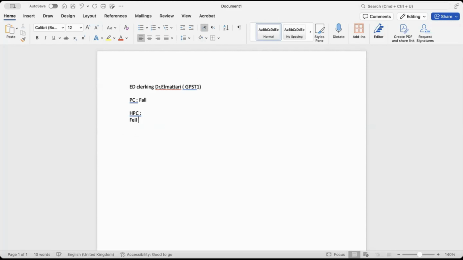So we'll say patient fell this morning out of bed, hit her right side, for example, no head injuries, no loss of consciousness, no nausea or vomiting, let's say no headaches, unable to weight bear after fall, had to call an ambulance, for example.